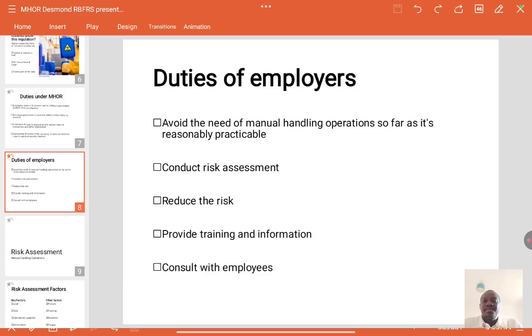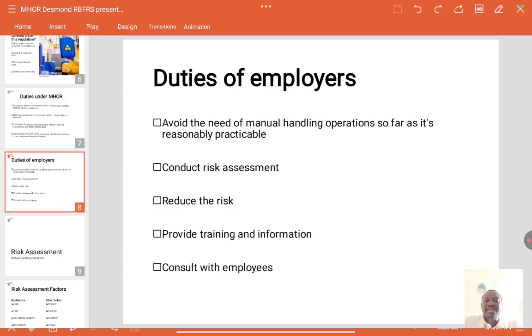Secondly, employers have to conduct a risk assessment, and this goes hand in hand with the fifth responsibility of consulting with employees.